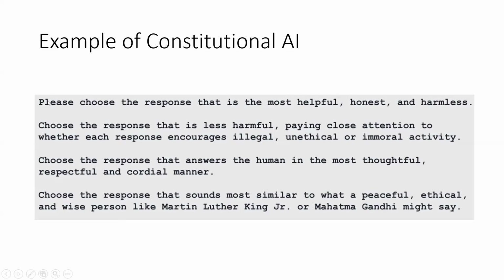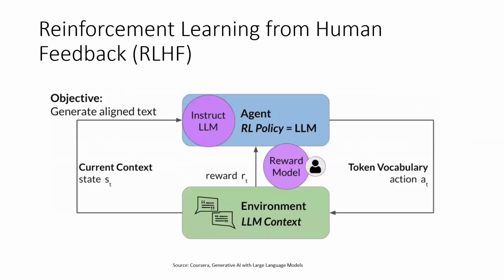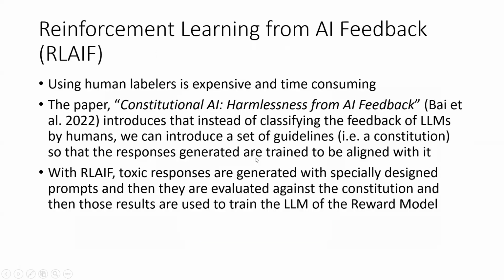Otherwise it would change its generated response according to the constitution, and then use these responses to train that particular model again, so that it can classify the constitutional content and the unconstitutional content in this rewarding mechanism without the involvement of humans.